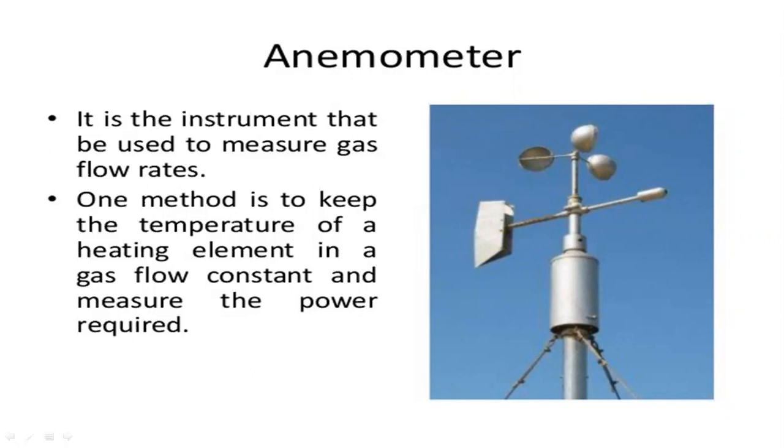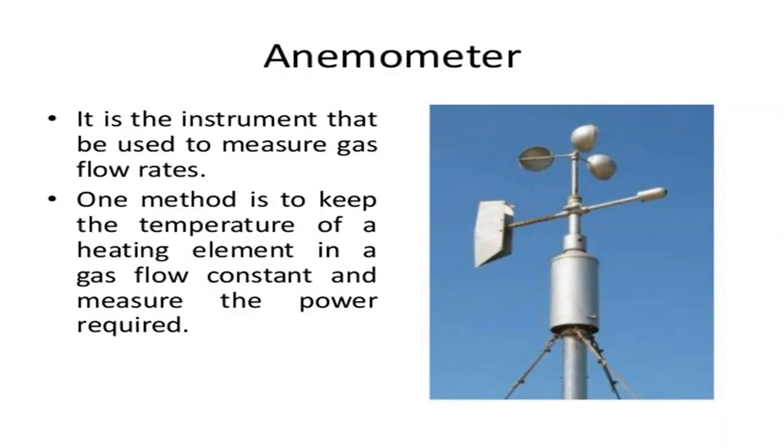So one of the methods to calculate the flow rate of gas uses a heating element kept at a constant temperature. The hot wire is placed in the flowing gas, and it gets cooled.